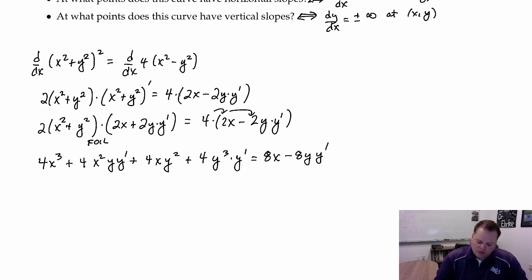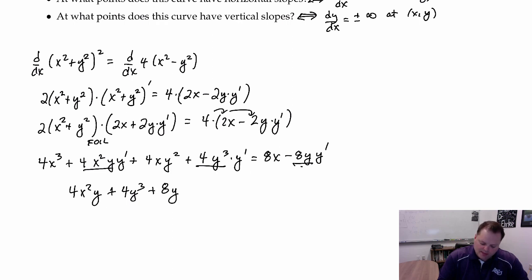Okay, we're going to collect all the y primes on the left. So every term that has a y prime, you've got this term, and this term is going to get added over. So it's going to be a plus 8y prime. All of those terms have y primes. And then this term will both get subtracted over, along with 8x, which is already over there, giving us this.